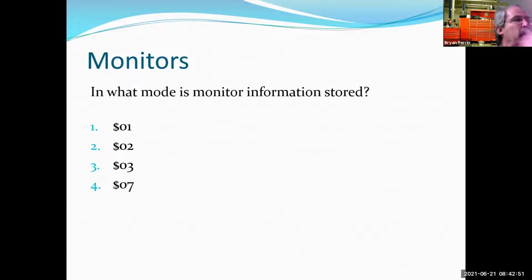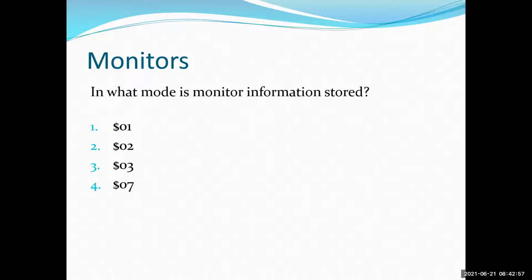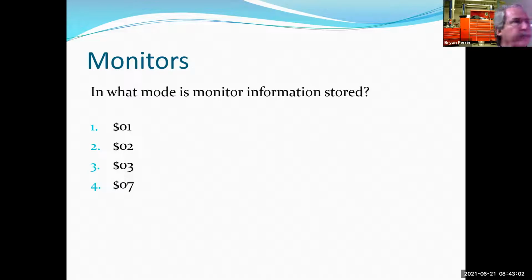So in what mode is the monitor information stored? Does anyone remember? What was that, Cynthia? Is it in 2? No, number 3 is mode 3, which is codes. That'll be codes that turn the check engine light on. Oh, I thought it's the P screen where you have the bigger storage.